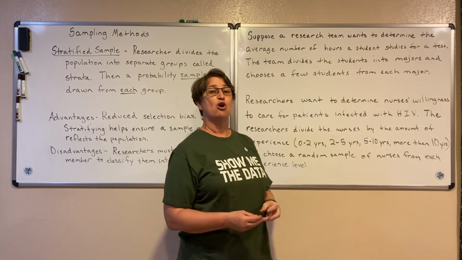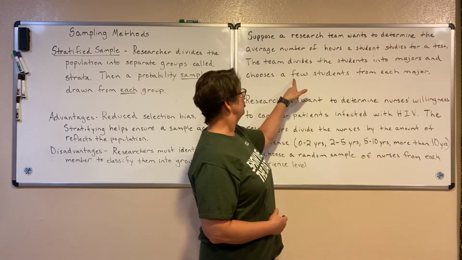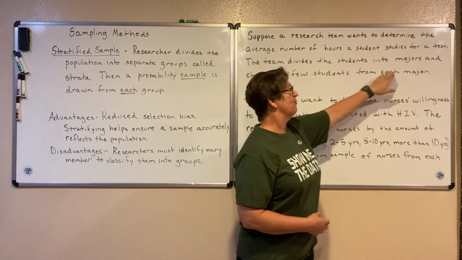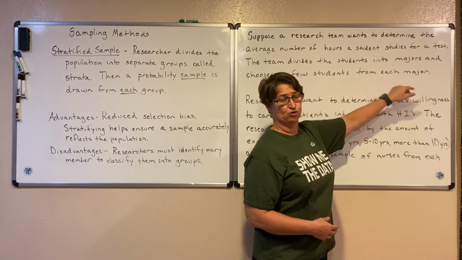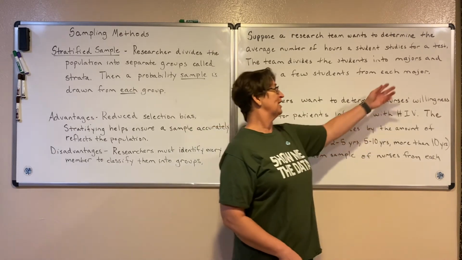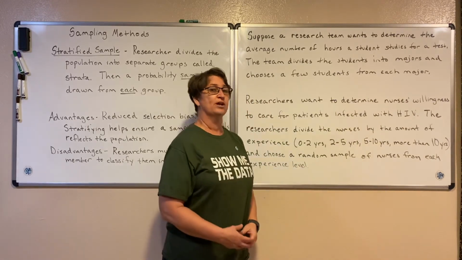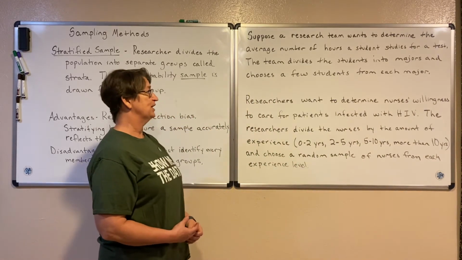And they've chosen a few students from every one of those majors. And that's what makes it a stratified sample. Now, they do have to make sure that they've included all of the majors. That's the one thing that the researchers need to be careful of.